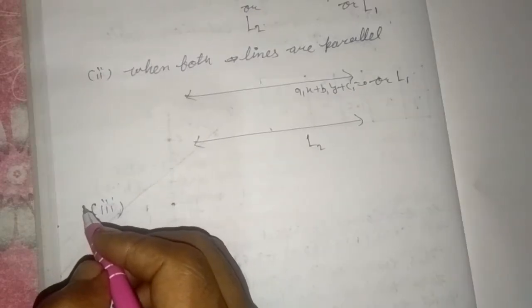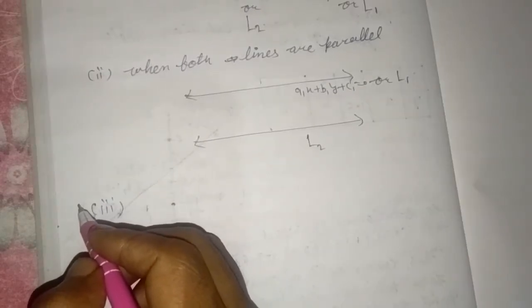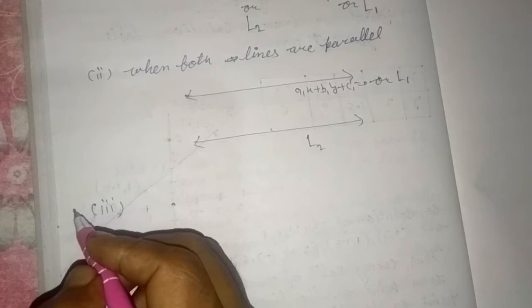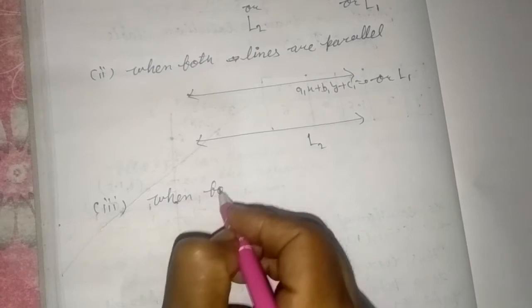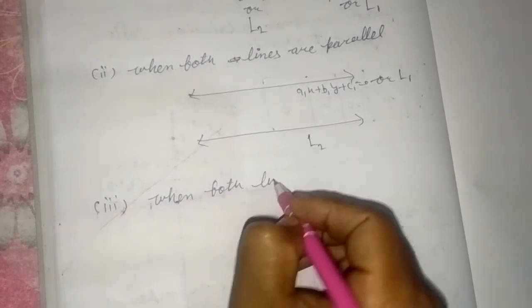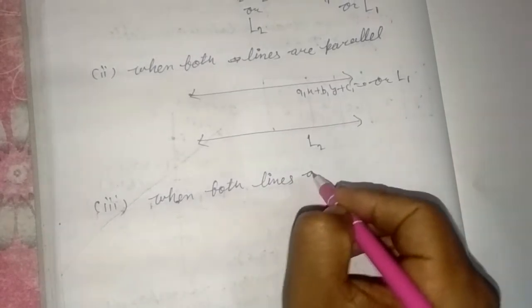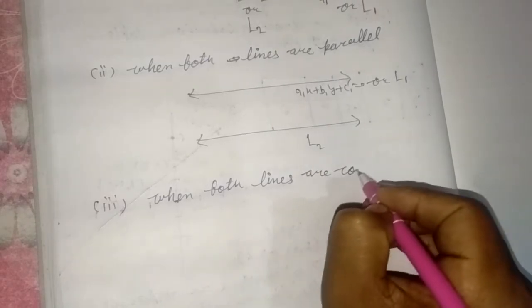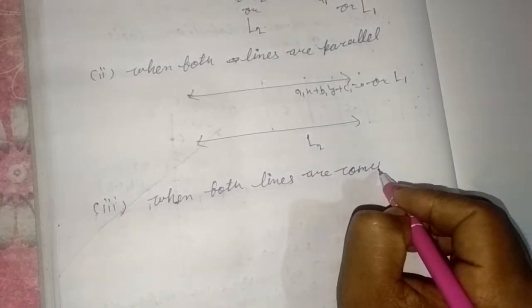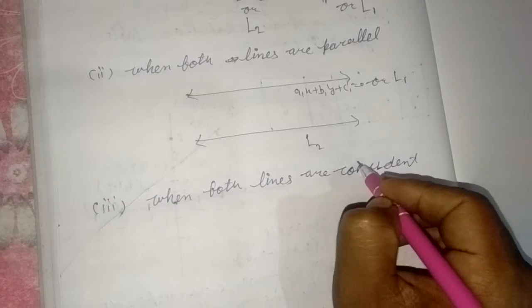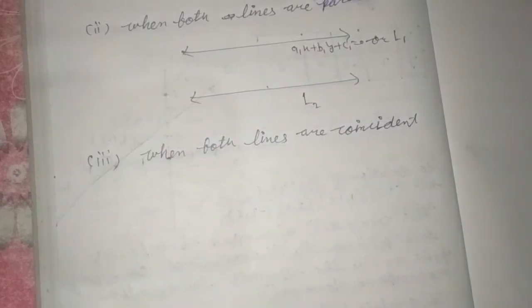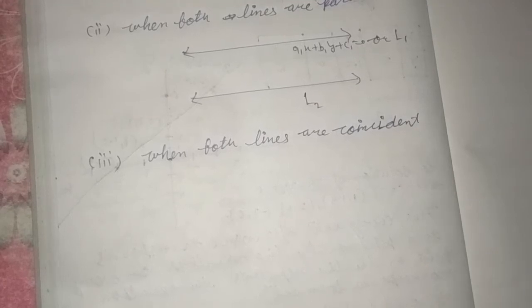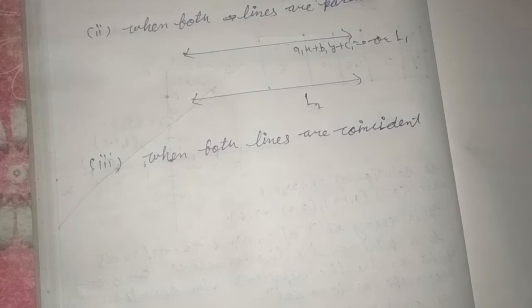Okay. Our third way is when they are coincident, when both lines are coincident. You know, coincident means whenever the first line covers completely the second line, and also you can say the second line covers completely the first line.